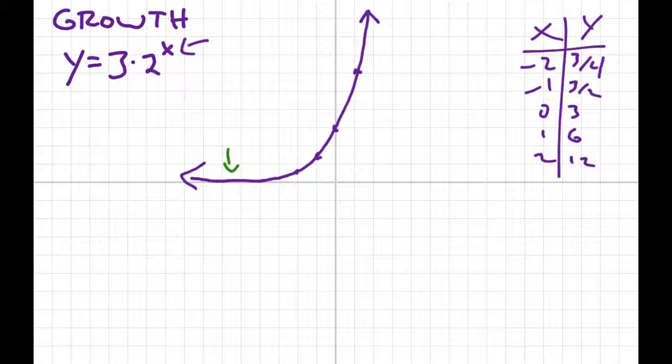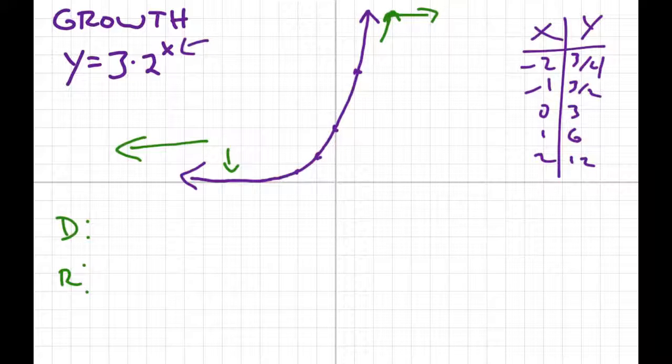All right, now once we make a graph, we might also ask for the domain and the range. Domain, we know that's our x values. So this arrow is telling me it's going to the left forever. If you look up here, it's not going straight up, it's going on an angle, so it's also going to the right forever.